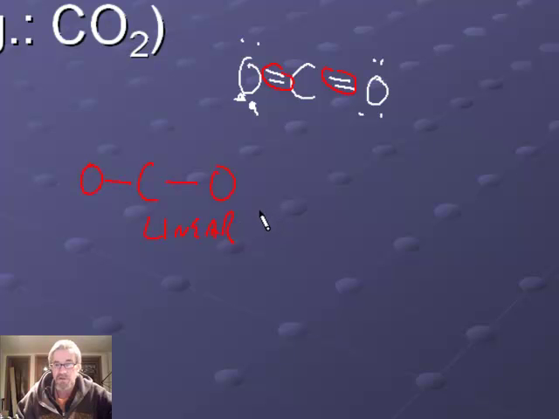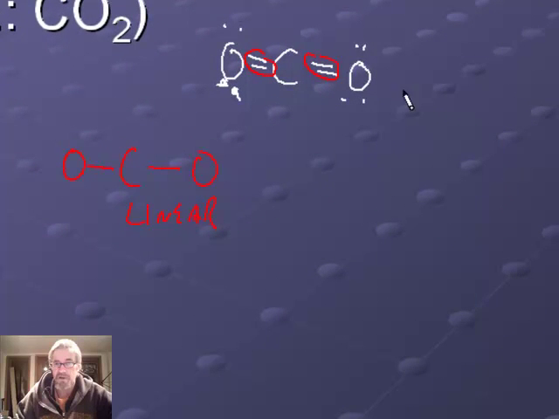I can think about this as an AB2 code molecule. A stands for the central atom, B stands for the outside atom, and we're going to find later on that you can have some lone pairs in the central atom, and we'll call those E's. But if you can just look at the Lewis structure and recognize I have 1 central atom, 2 outside atoms, and no E's, no lone pairs, that's going to always be a linear molecule.